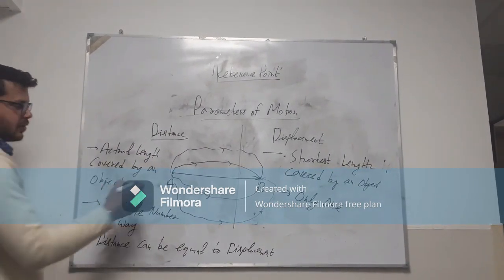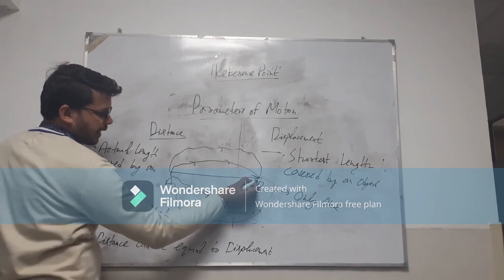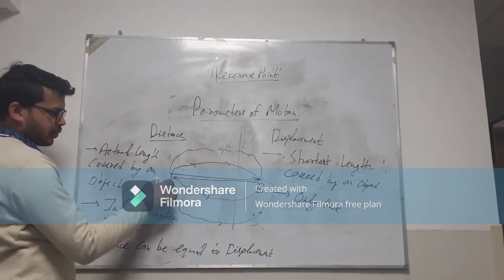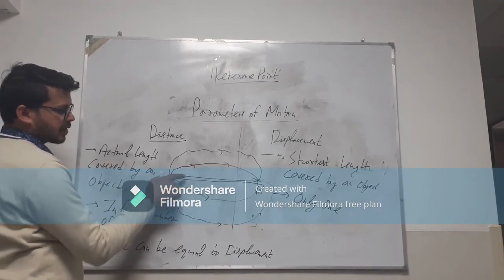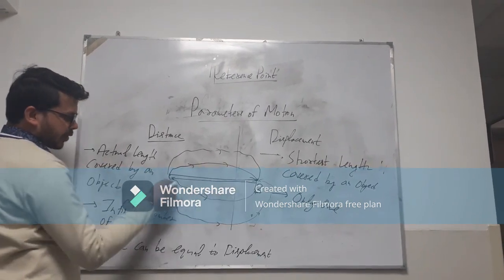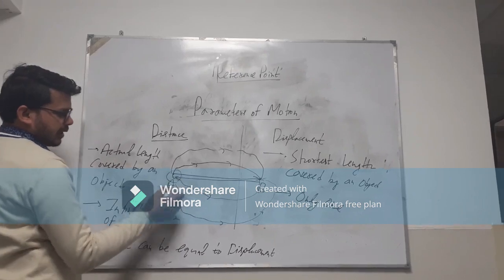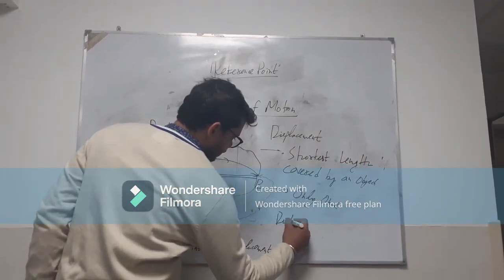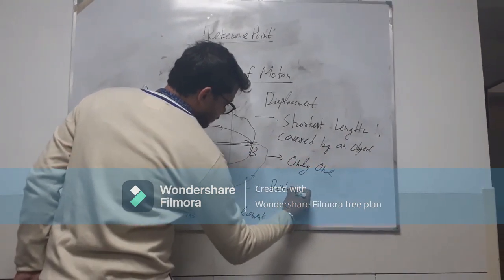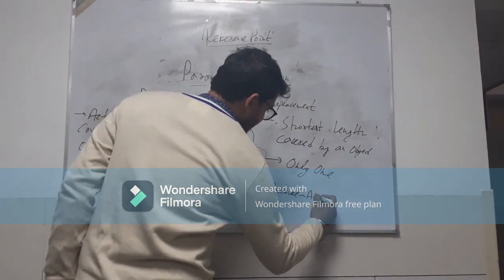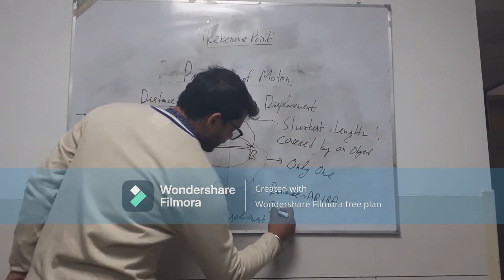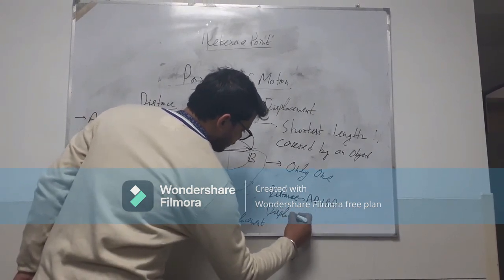Now suppose A is moving to B and coming back to the same position. If A goes to B and comes back to A's position, in this case distance will be AB plus BA, and displacement will be 0.